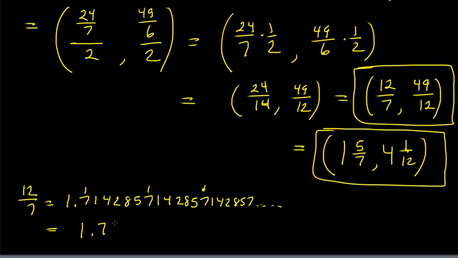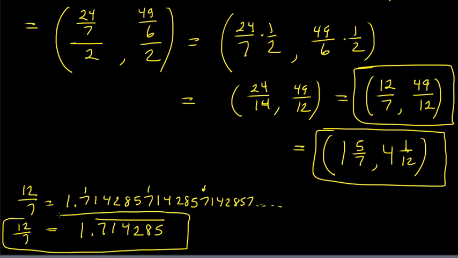So 1.714285, and everything after that repeats. So these 6 digits repeat. So if I were to write 12 over 7 as a decimal, it would be 1.714285, but with a bar over that, indicating that that part repeats. As I mentioned, it's not worth it, right? It's just not a good idea to do that.